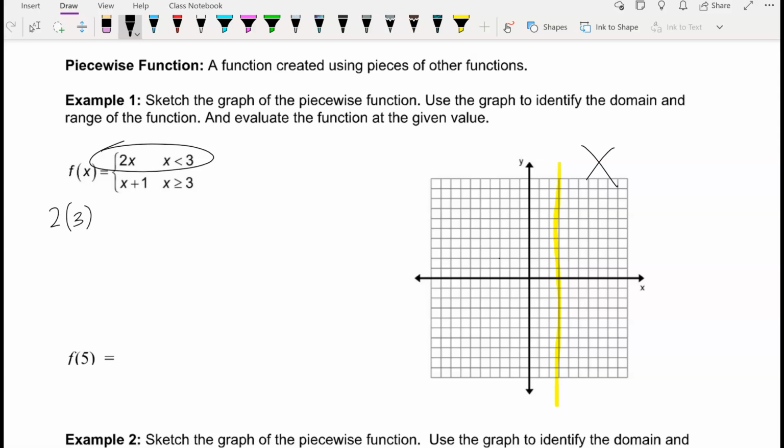So 2 times 3 is 6. So at 3, 1, 2, 3, 4, 5, 6, you're going to have an open circle because we're not equal to for our inequality. Then you could go backwards. So 2 times 2 is 4. So 3, 6, 2, 4.